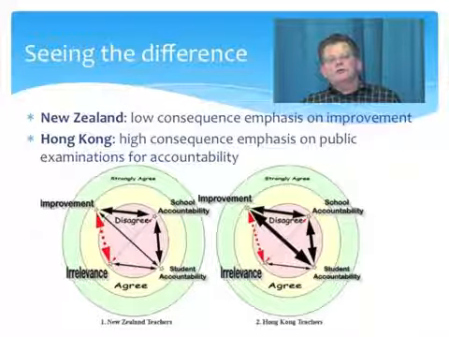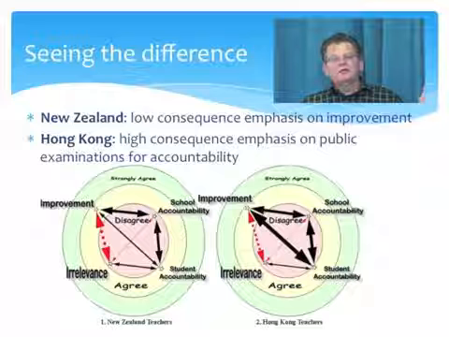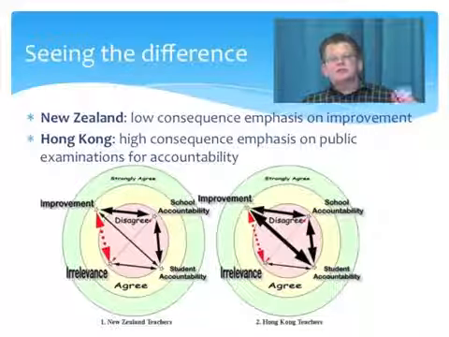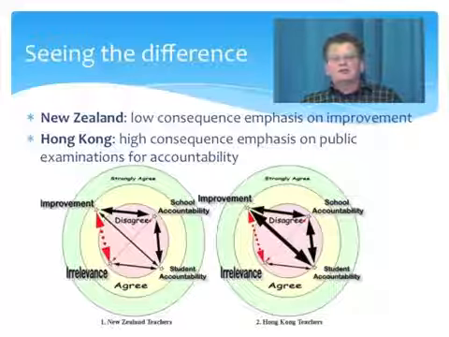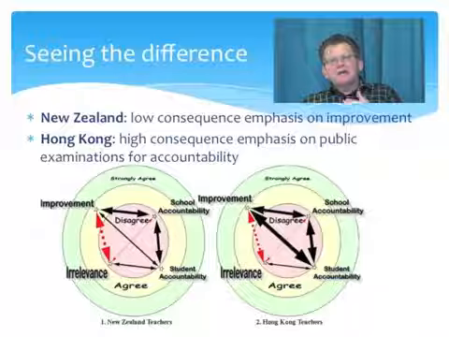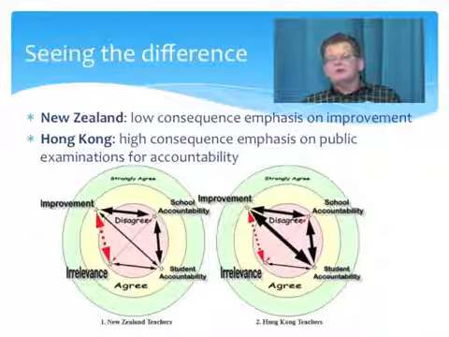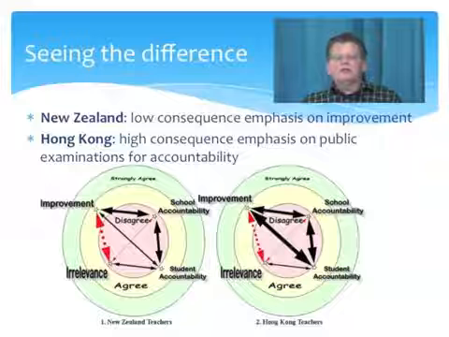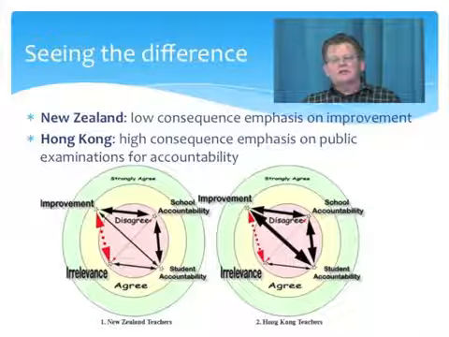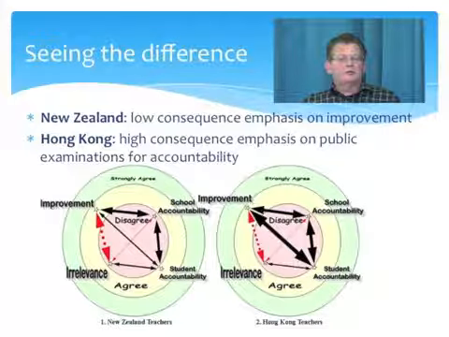And you can see that in both targets, improvement is well in the yellow, meaning they agree with it. School accountability is in the pink, meaning they kind of disagree with it. Student accountability is on the edge of the yellow and the pink, meaning we kind of believe in it, and irrelevance is definitely in the pink, meaning we disagree with it.